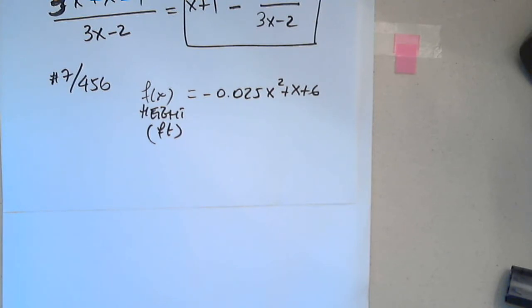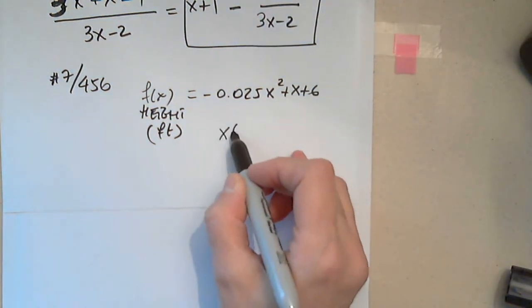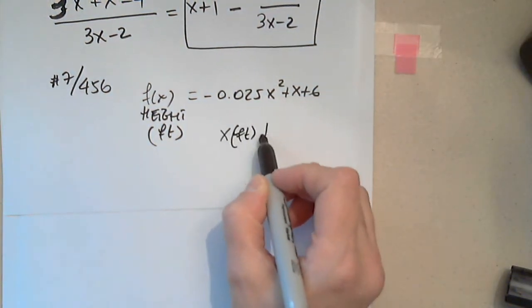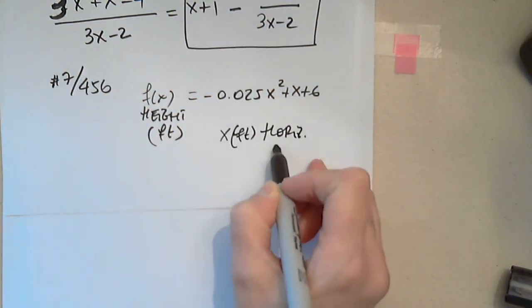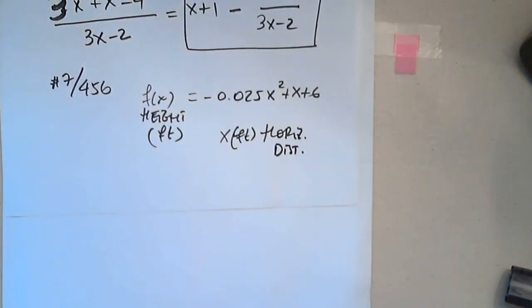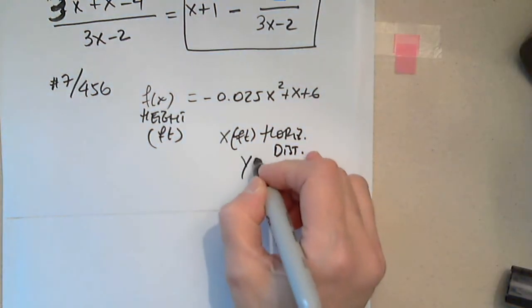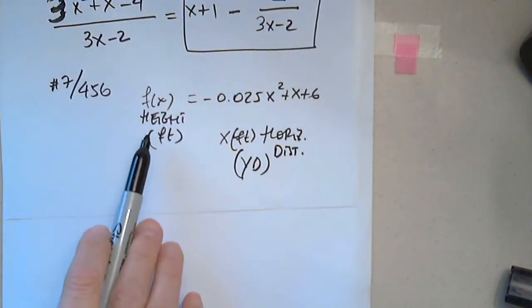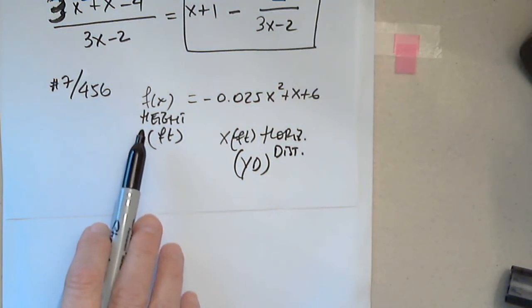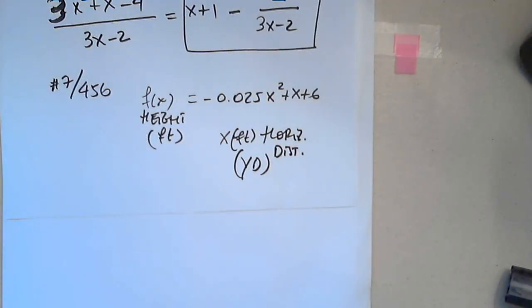So x is the ball's horizontal distance. So x is in feet, horizontal distance. And the horizontal distance is in yards, but the height is in feet. What is the ball's maximum height and how far from the quarterback does this occur?